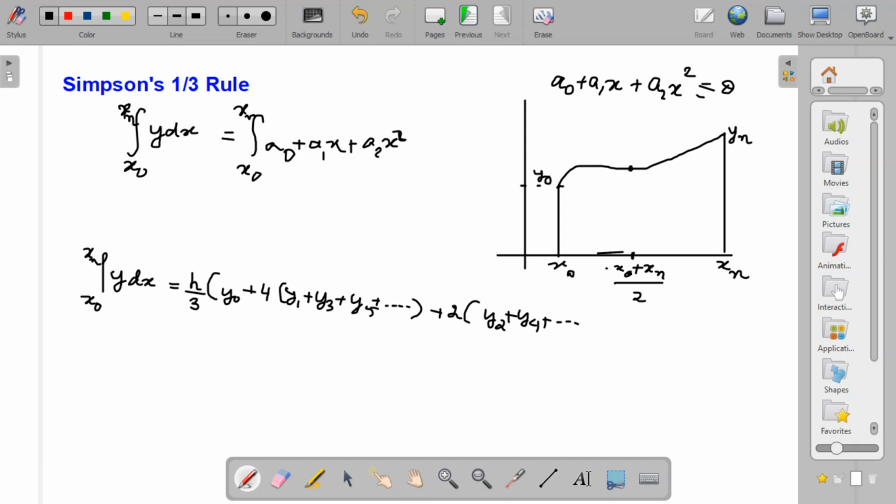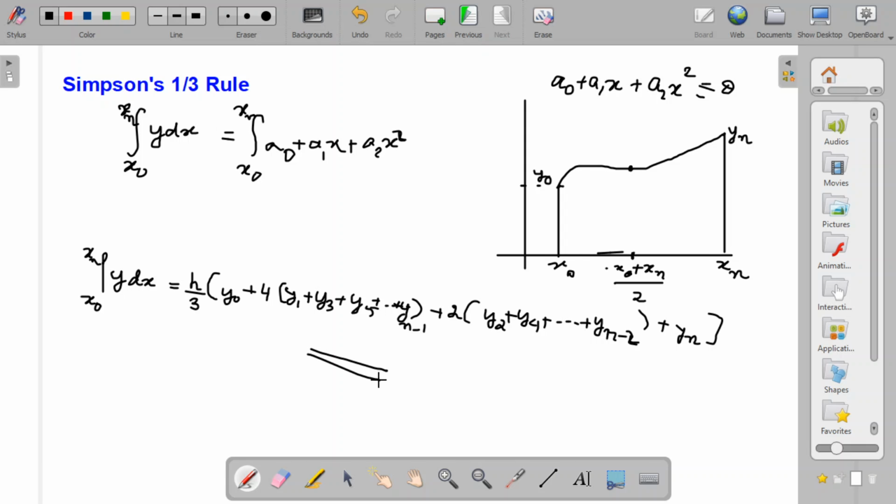So the last term in the odd group is plus yn minus 1, and in the even group the last term is plus yn minus 2, then plus yn.